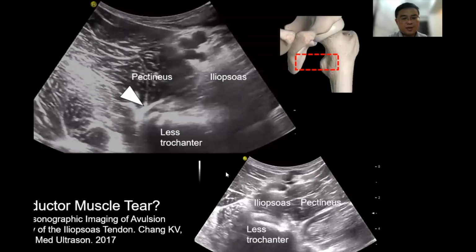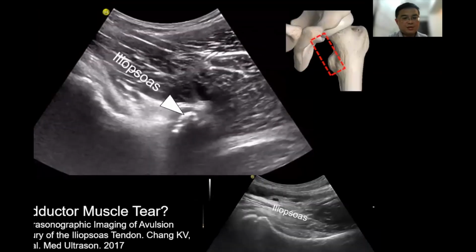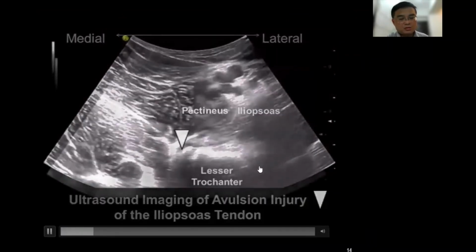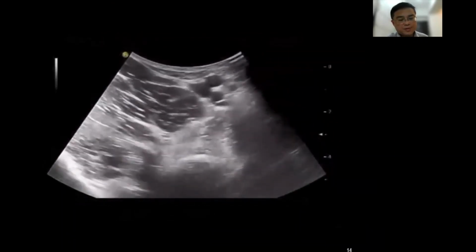So we can compare with the contralateral side. At the contralateral side, you do not see the hyperechoic plate. So you can also pivot your transducer to the long axis to visualize the attachment of the iliopsoas tendon. So we can use the dynamic view to track the lesion.